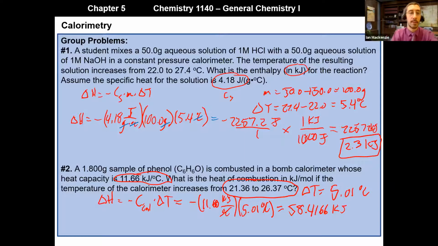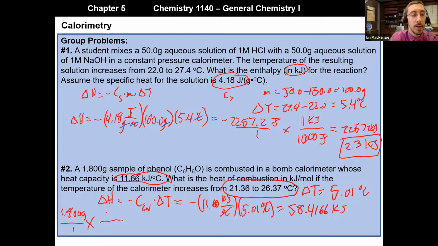So I have 1.800 grams of phenol. And then C6H6O. Well, I add up those atomic weights. Carbon is 12.01, so 12.01 times 6 plus hydrogen is 1.01, so 1.01 times 6 plus oxygen is 16. And I come out with 94.12 grams per mole.